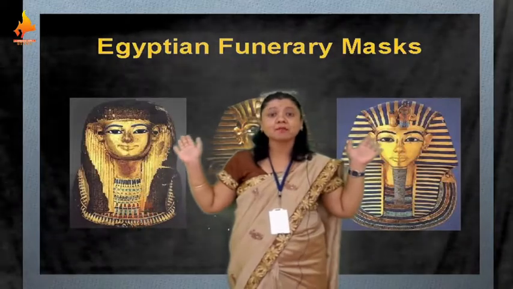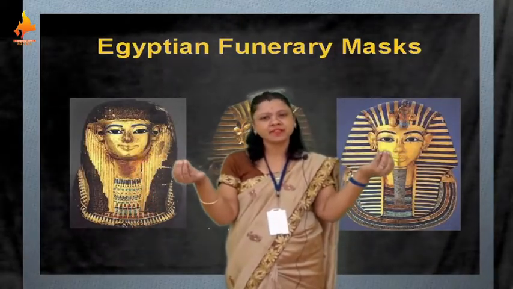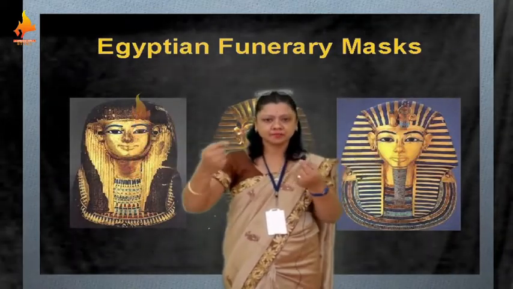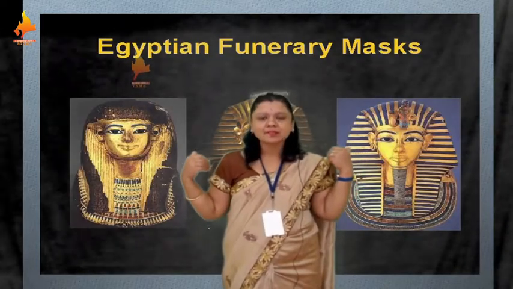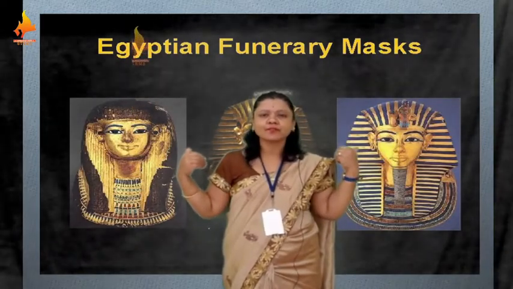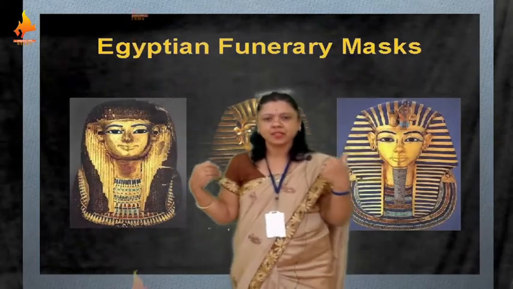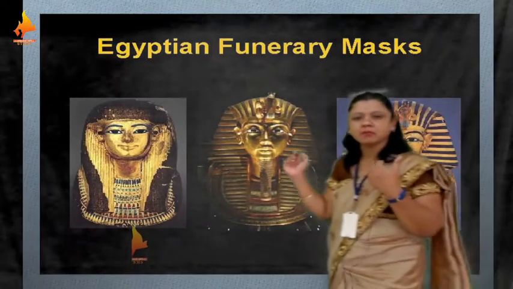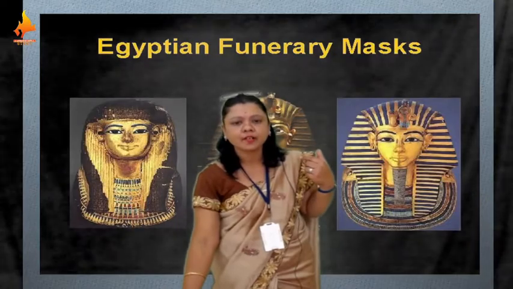The best examples, if you see here, all these are masks made of paper. Definitely, after making such masks, they colored them. But these masks were used as funerary masks, for death ceremonies. Alright, if you see, these are the masks in Egypt they were using for death ceremonies.